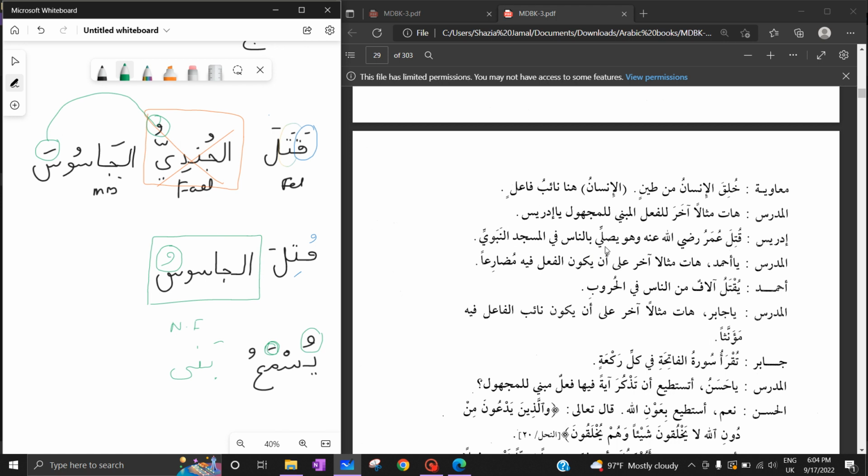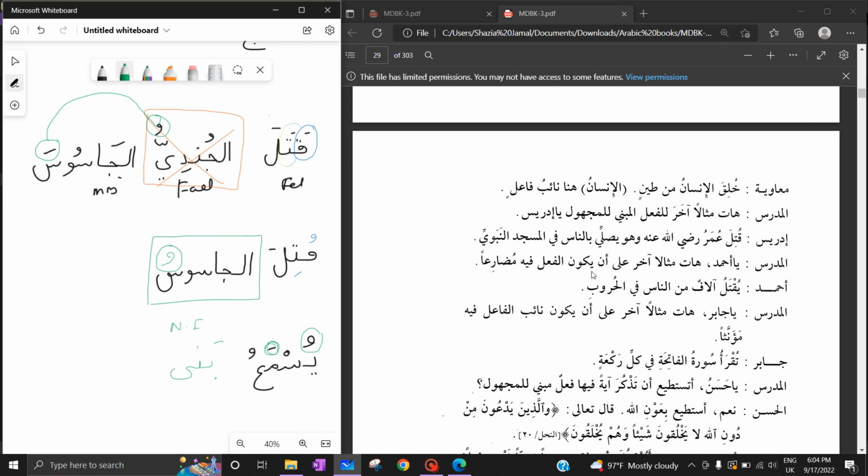This is waw haliya. In which situation he was murdered? While he was praying. After waw haliya, the sentence huwa yusalli bin nas fil masjid nabawi, this jumla ismiya is jumla haliya. The teacher says Ya Ahmad, hati misalan akhara, give another example.